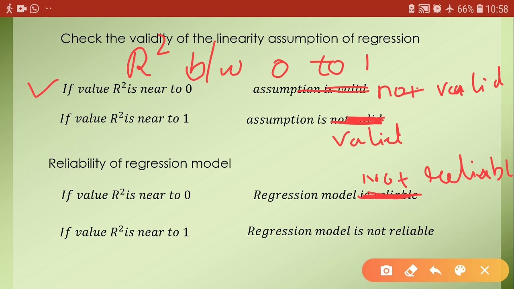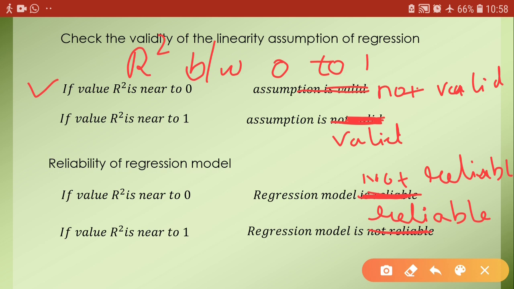And if your r square is near to 1, then it is reliable. So, near to 0, not reliable or not valid; near to 1, reliable or valid.